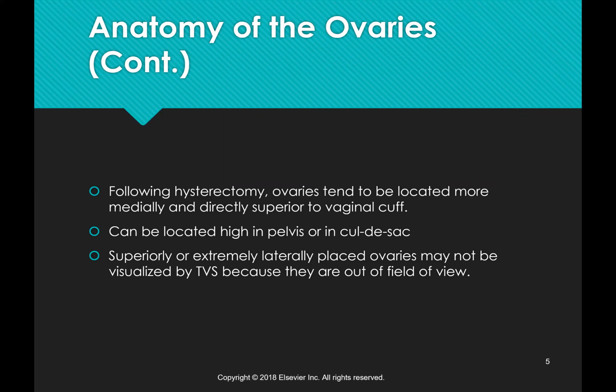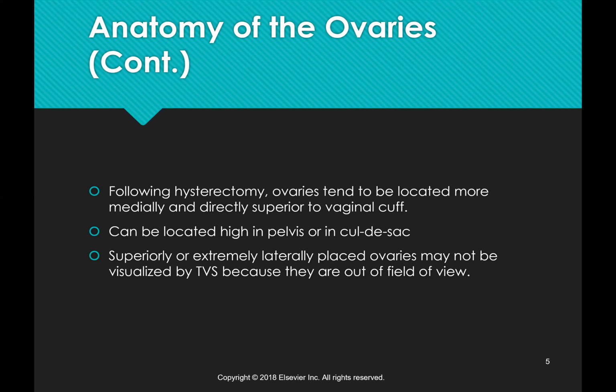Usually following a hysterectomy, a lot of the surgeons will tie the ovaries close to the medial and directly superior to the vaginal cuff so they're easy to see. But if that doesn't happen, they can get lost a little bit, and they can be located high in the pelvis or in the cul-de-sac, which is difficult to see transvaginally because they would be out of the field of view.